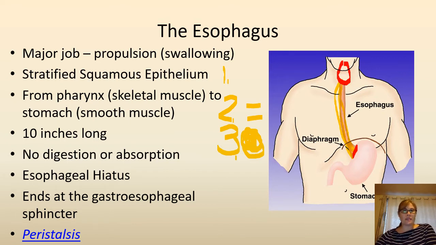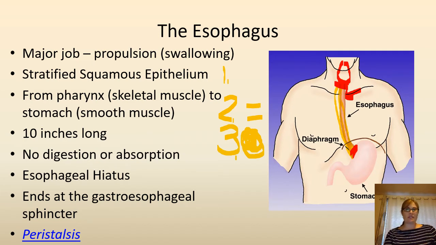So the esophagus, from the pharynx to the stomach, starts out having skeletal muscle here. And then once the food has passed the very proximal aspect of the esophagus, it then becomes smooth muscle. So once food passes the skeletal muscle stage, it will propel along by itself with that smooth muscle. And that's the peristalsis starting. So there's no digestion happening here.